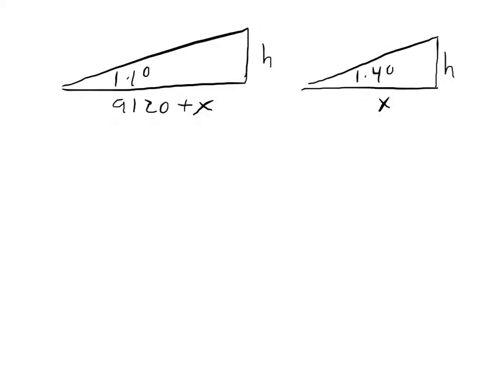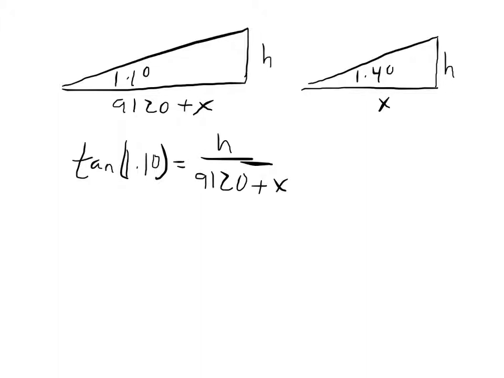Okay, so we have our two triangles, and clearly we've got an acute angle, with an opposite side and adjacent side relative to that angle, so tangent seems to be a good way to relate things here. So I've got the tangent of 1.1 degrees equals H over 9120 plus X, and over here the tangent of 1.4 degrees equals H over X. So two equations, two unknowns.